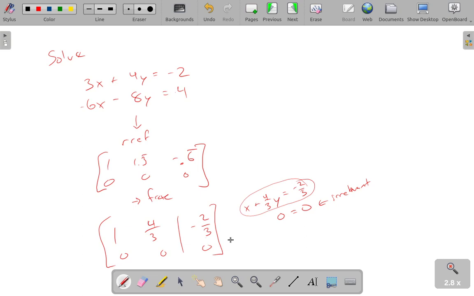If I did that nice little trick that we saw, putting things in standard form so that all the coefficients are integers, I would want to multiply all three of these by 3. We would get 3x plus 4y equals negative 2, because multiplying by 3 gives me 3x, cancels out that denominator giving me 4y, and cancels out that denominator giving me a negative 2, which is exactly that equation.